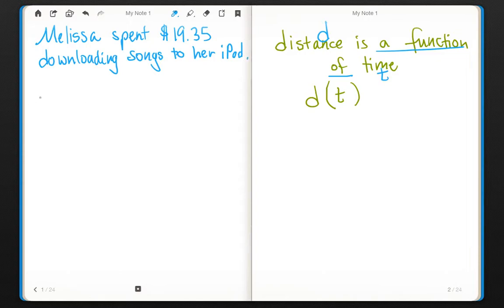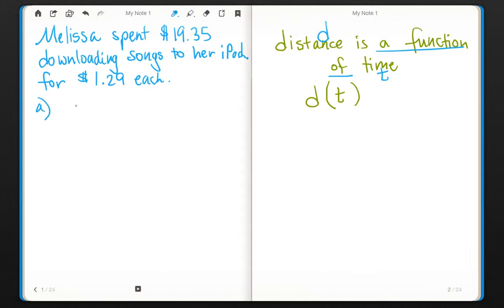We don't have to write that down. For, we need to tell how much she paid for each song. For $1.29 each. So each song cost her $1.29.